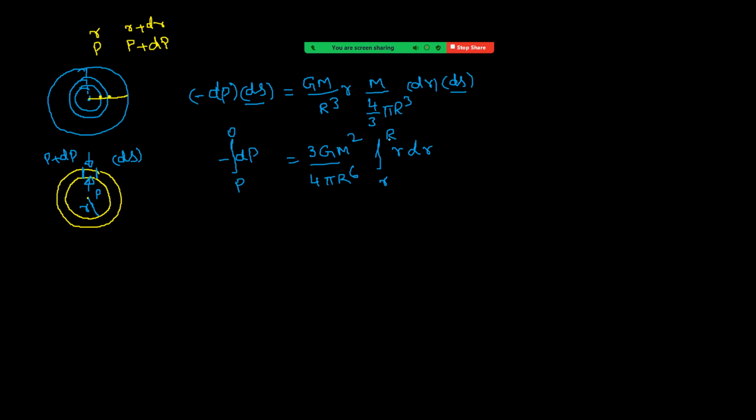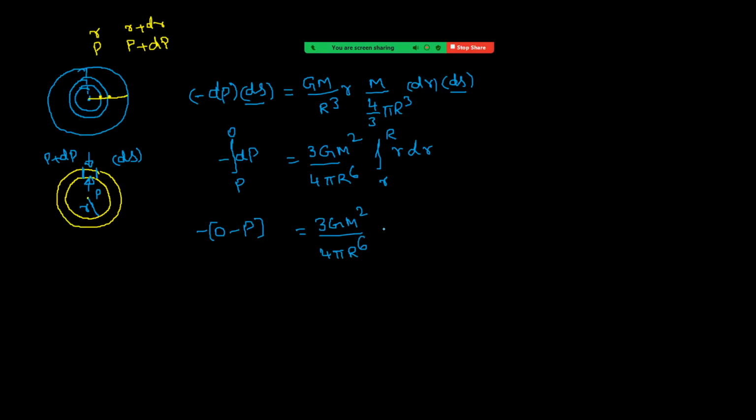So it is 0 when it is capital R. Now see what we get here: 0 minus P, taking the minus outside, equals 3 G M square upon 4 pi R power 6, and the integration of r dr is r square by 2.